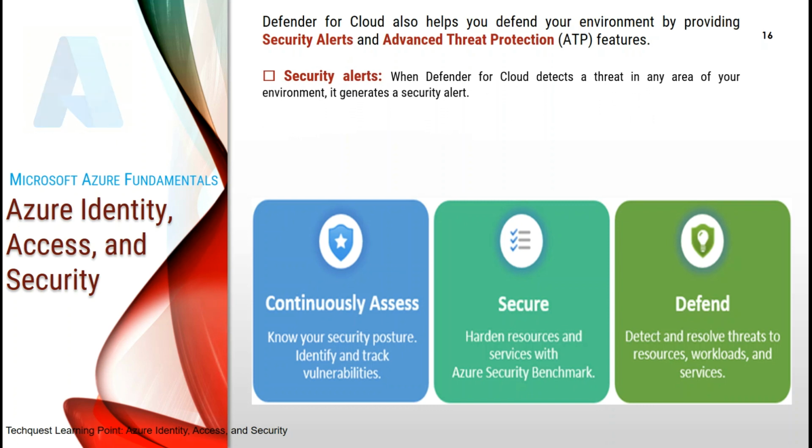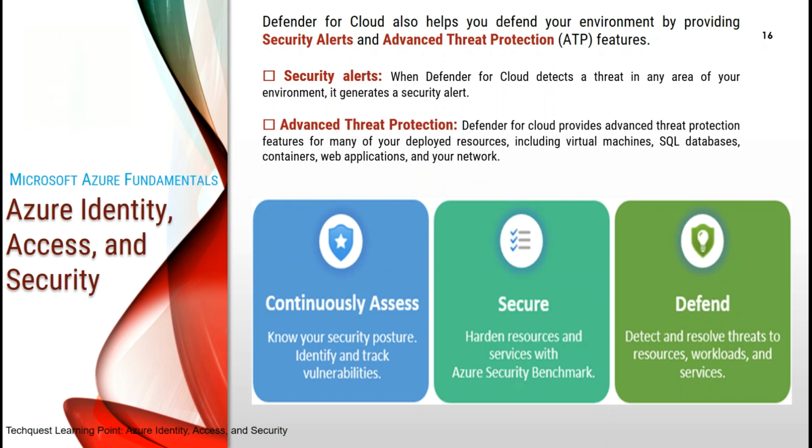When Defender for Cloud detects a threat in any area of your environment, it generates a security alert. Security alerts describe details of the affected resources, suggest remediation steps, and in some cases provide an option to trigger a logic app in response.